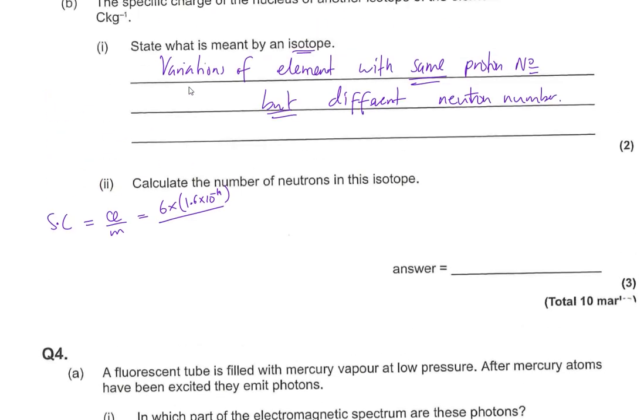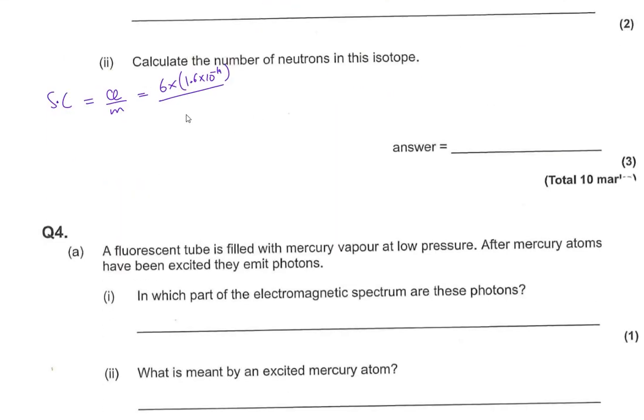Now, do we know how many nucleons we have in the nucleus? We don't know, so I'll call this nucleon number, let's say capital N, times 1.7 times 10 to the power minus 27. Okay, and all we have to do now is rearrange this, because I'm looking for N.